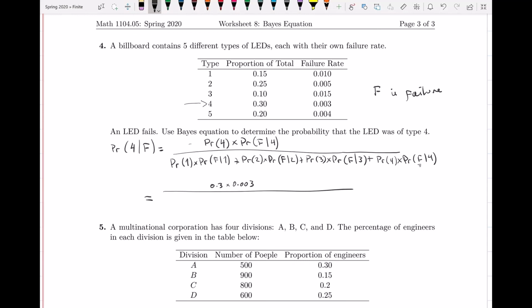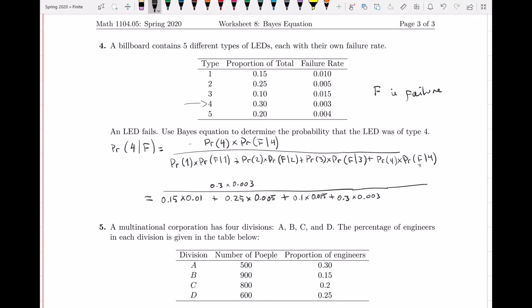Now the denominator: probability of 1 is 0.15 times probability of failure given that you're 1, which is 0.01, plus probability of 2 is 0.25 times probability of failure given 2, which is 0.005, plus probability of being 3, which is 0.1, times the probability of failure if you're 3, which is 0.15, plus the probability of being 4, 0.3 times 0.003, the failure given that you're type 4.